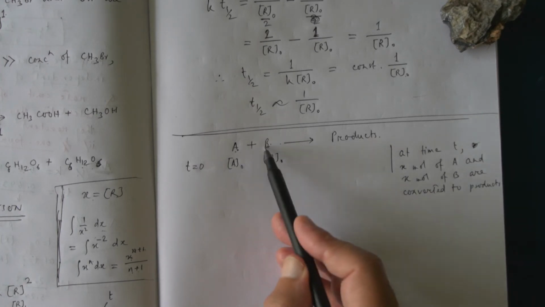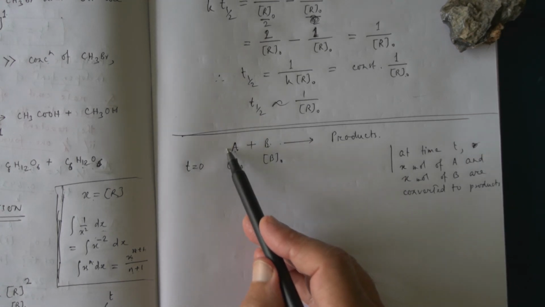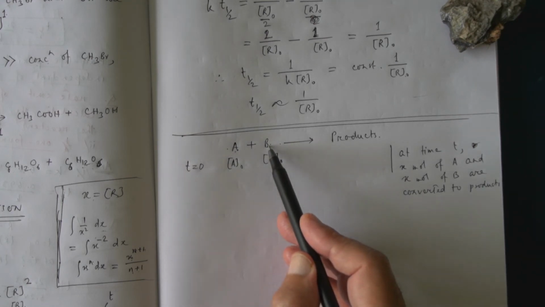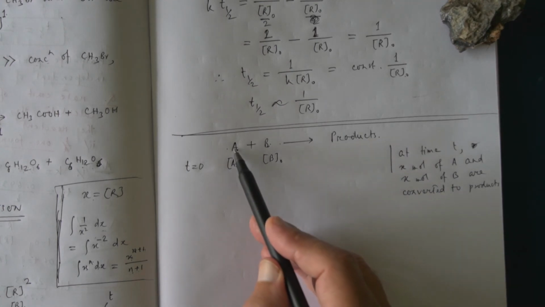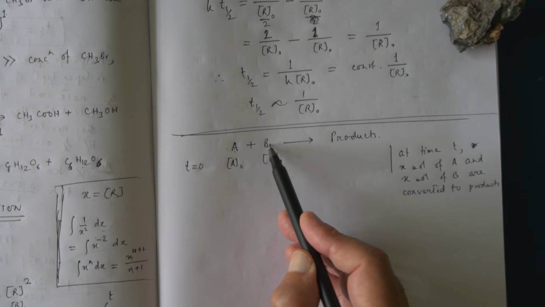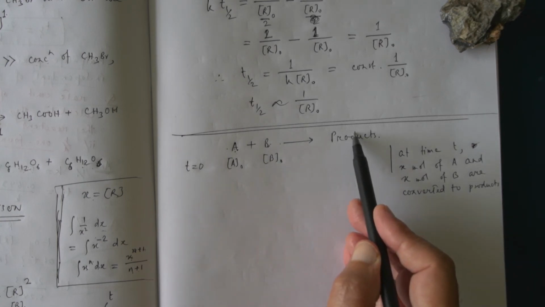So from the equation, we find that one molecule of A reacts with 1 molecule of B, only then will we get the product, or 2 molecules of A react with 2 molecules of B.